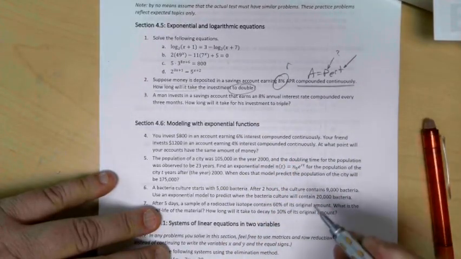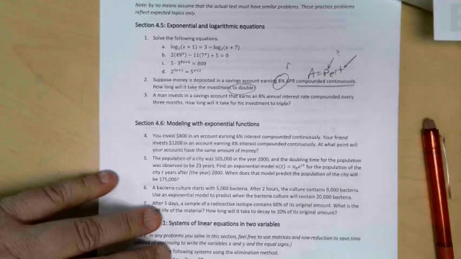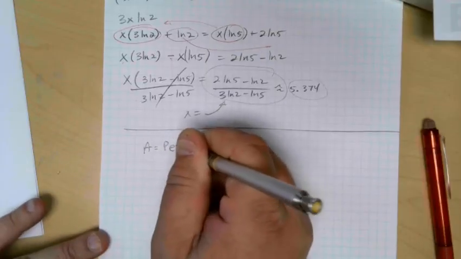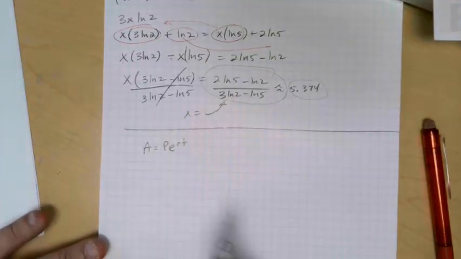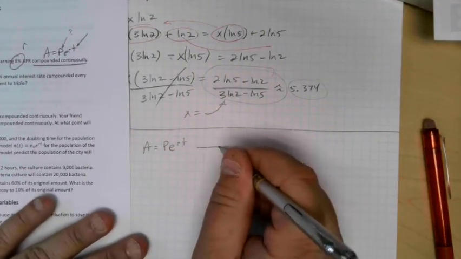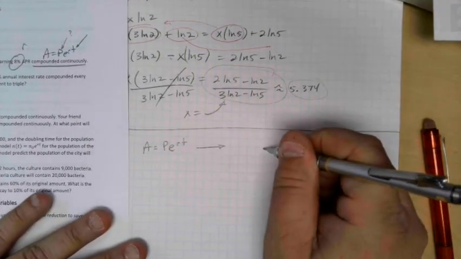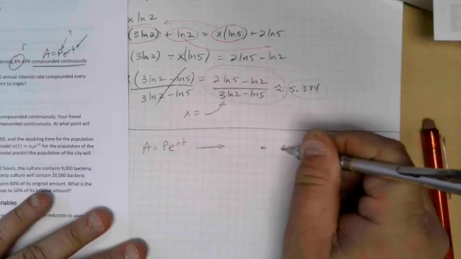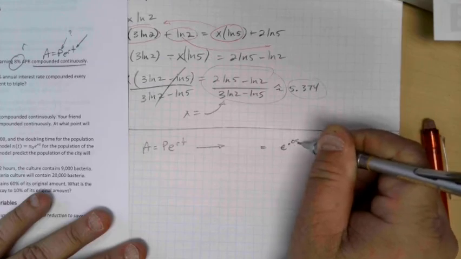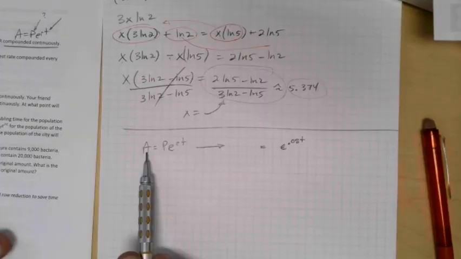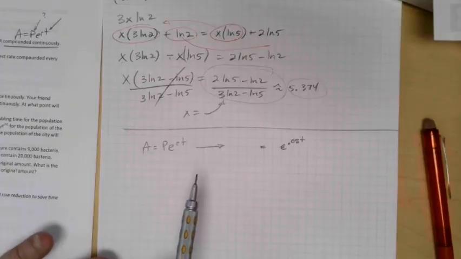So I want this doubled. Oh, that's not too bad. So here's what I'm going to do. I know that I'm dealing with PERT, so I'm going to go A equals PERT. And I'm finding time. I'm told the rate is 8%. So e to the 0.08 times t, but what I need is an amount, and I need double that amount.